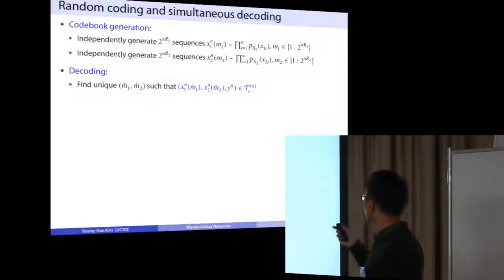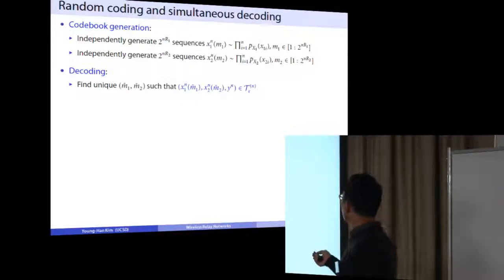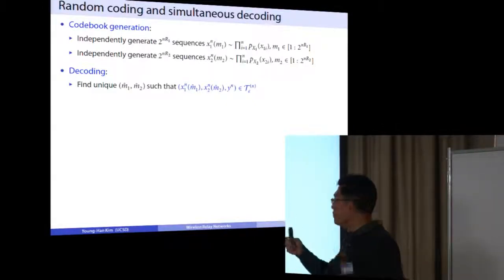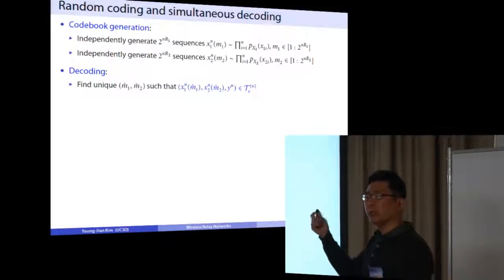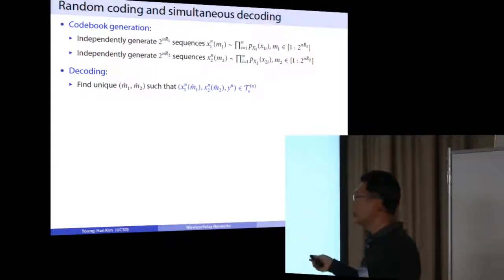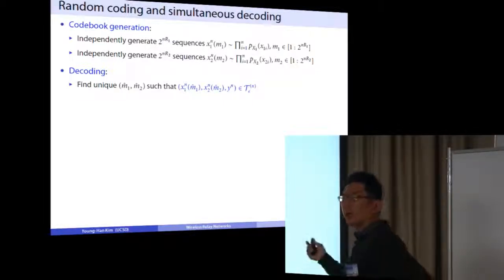So we typically use something called joint typicality decoding. We define typicality as the sequences having a type, the empirical frequency, close to the true probability. So at the receiver, we find the unique message pair M1 hat and M2 hat such that the X1 code word corresponding to M1 hat, the X2 code word corresponding to M2 hat, and the received output are jointly typical.